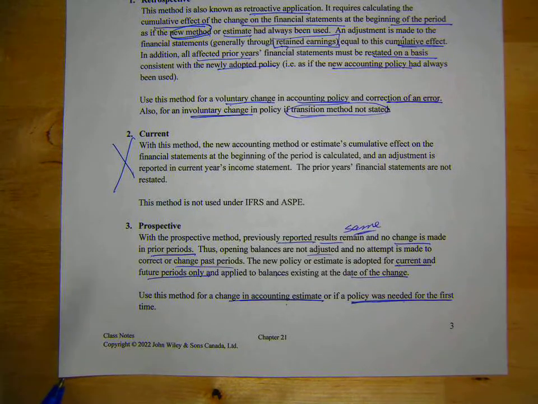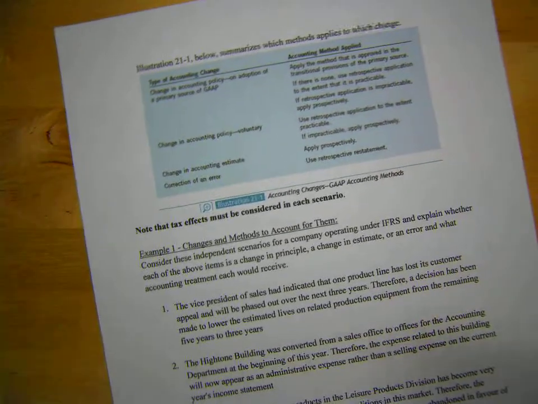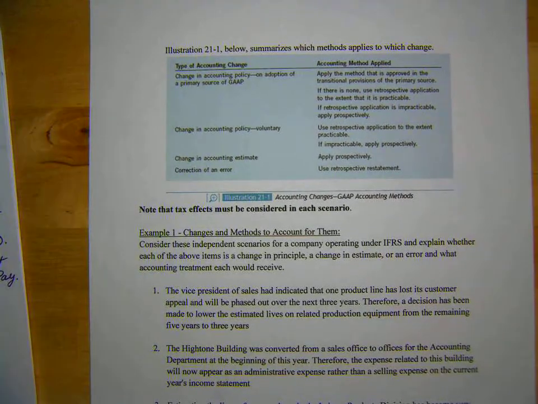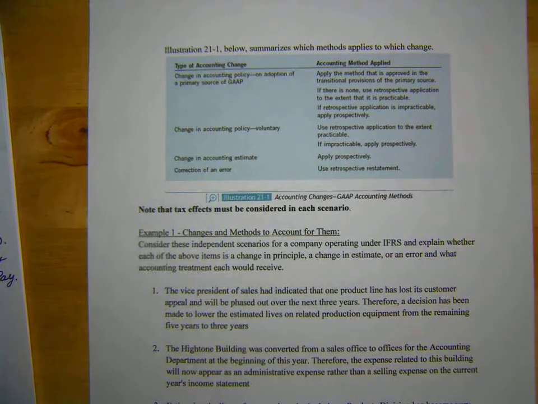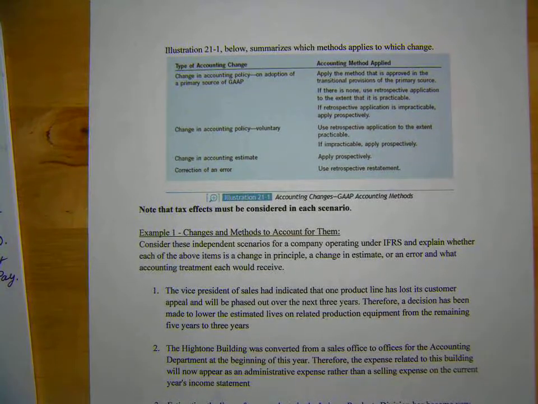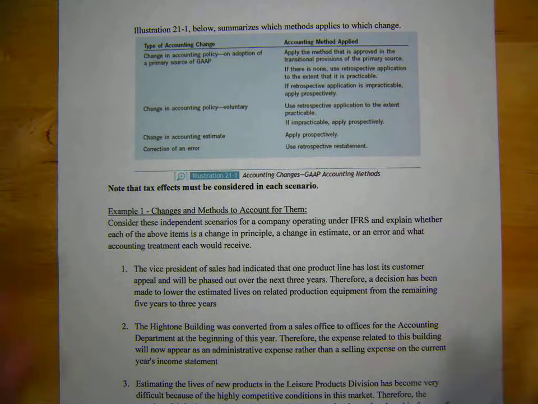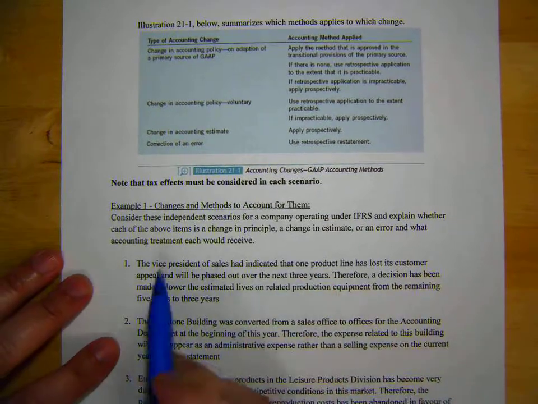So on page 4, there's a little summary that you can keep handy, and it should help you through doing this section. Okay, so what I want you to do now is pause the video, and I want you, well, after I finish this.